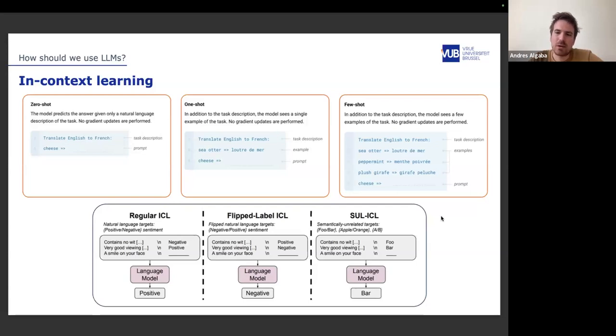Because contains no width is negative, very good viewing is positive, and apparently the user assigns bar to positive sentences and foo to negative sentences, a smile on your face, which is positive, should be bar. And again, it's like advanced pattern recognition, whether this means that the model has learned meaning about the word or not, I cannot really reply to. Just advanced pattern recognition, I would say. But it does capture what these sentences are talking about, semantically related, from a sentiment analysis point of view.